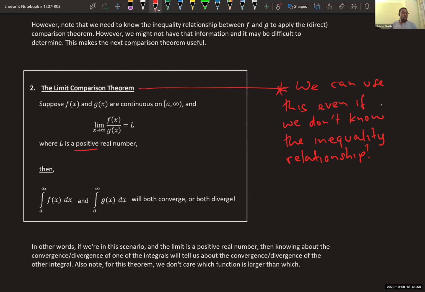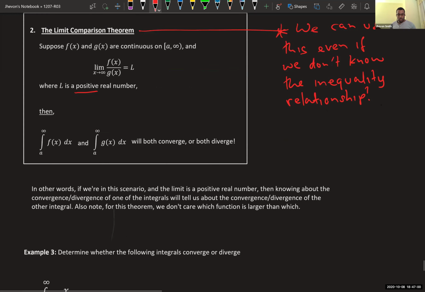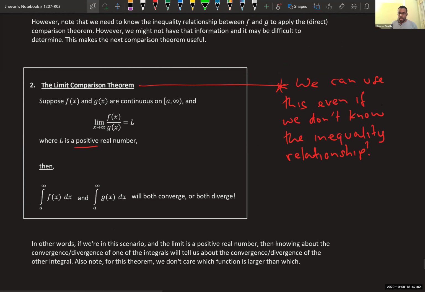So they'll either both converge or they'll both diverge. So if you're looking at something like, well, I have some examples here. Example, when we don't have an inequality relationship or direct comparison is problematic.